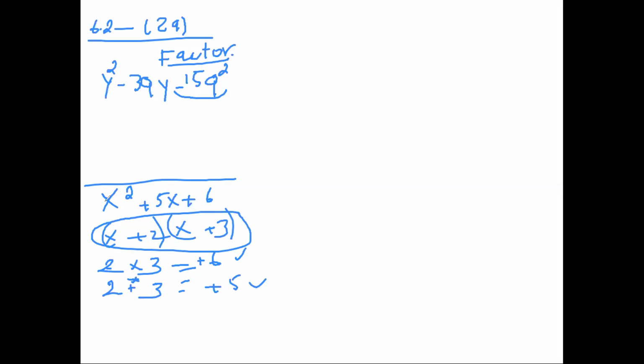There's always x and x, or y and y. So we need 2 numbers that multiply to this, and the same numbers add up to this. So instead of 6 and 5, here we have negative 15q squared and negative 3q.